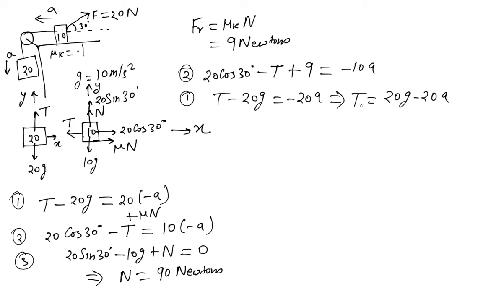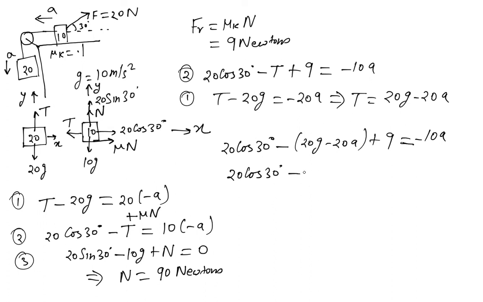Now we can replace this T in the second equation, and we can rewrite 20 cos 30 minus T, which is 20g minus 20a, plus 9 equals minus 10a. Okay, let's open the brackets. We get 20 cos 30 degrees minus 200 plus 20a plus 9 equals minus 10a.